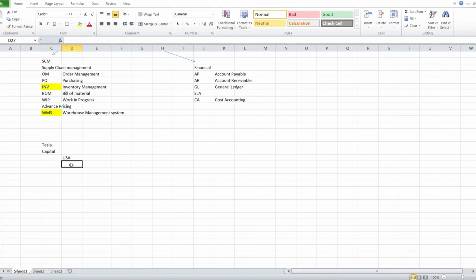When you want to create a business inside a country, Tesla has three kinds of business for this example. Let's guess, one is the automobile, one is SpaceX.